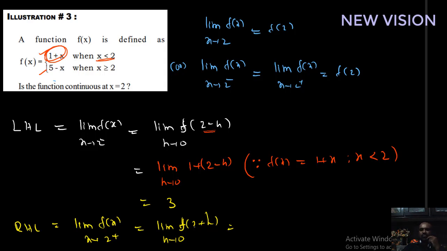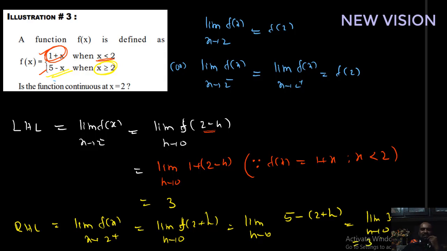So what is x here? 2 plus means you should use the 5 minus x rule. That's why the limiting value of 5 minus x, I can write 2 plus h, with h tending to 0. What is that? 3 minus h, the limiting value of 3 minus h as h tends to 0 is equal to 3.